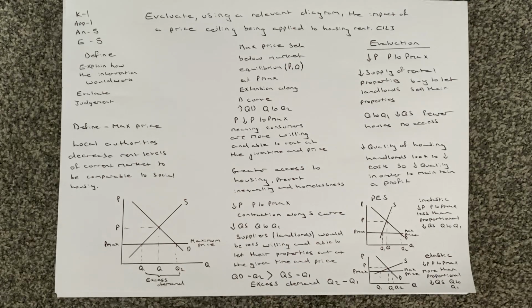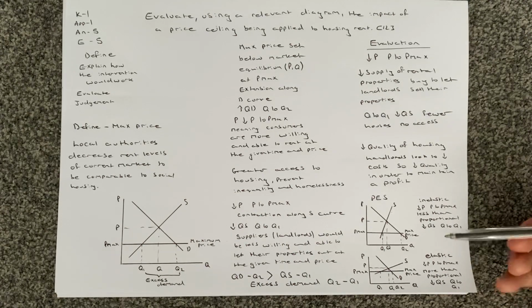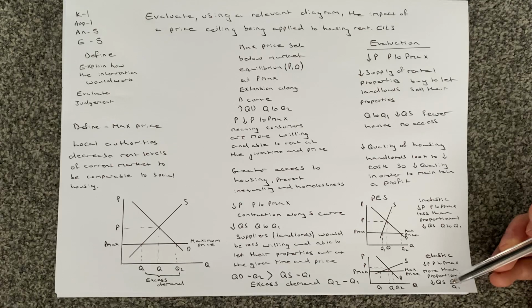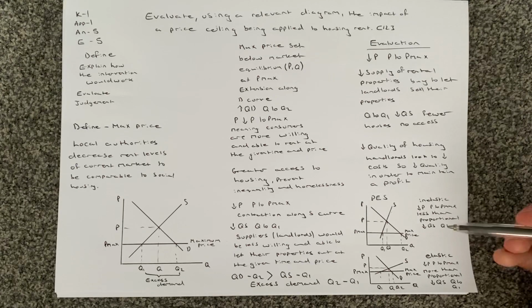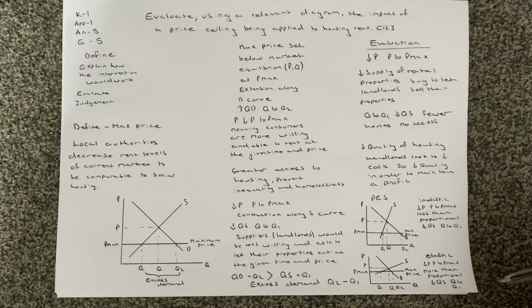Okay, and it's really important we use that terminology, more than proportional decrease in quantity supplied, and we reference our diagram because that ensures that we get the top evaluation marks possible because we're using a diagram effectively to support our explanation. Okay, so we've talked about the price elasticity of supply there.